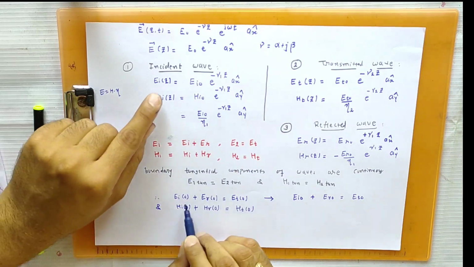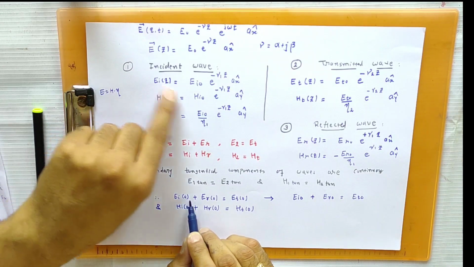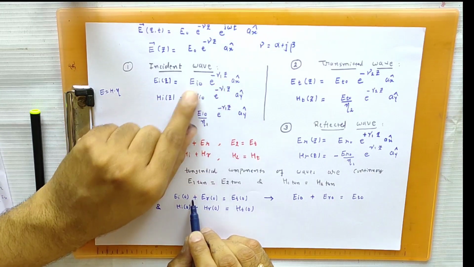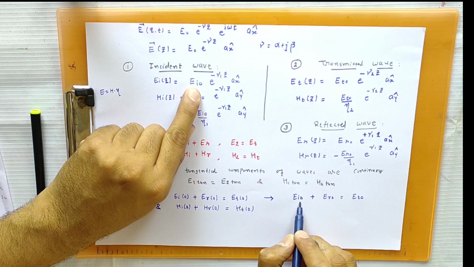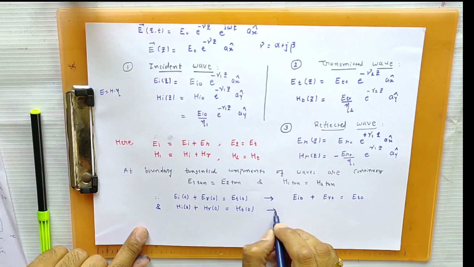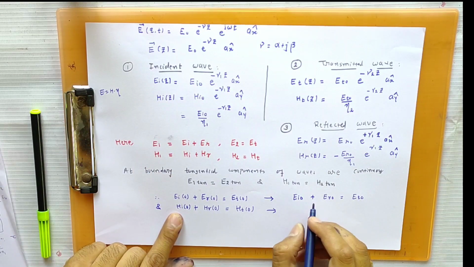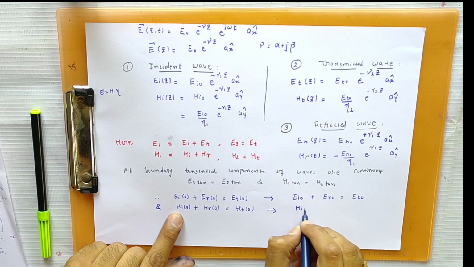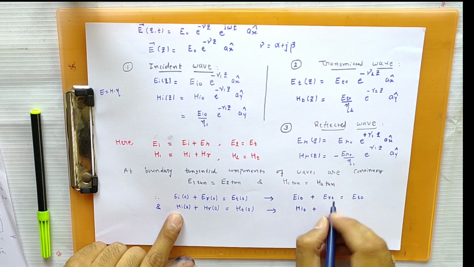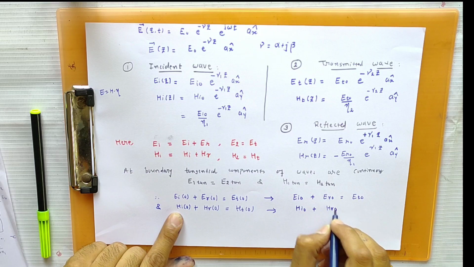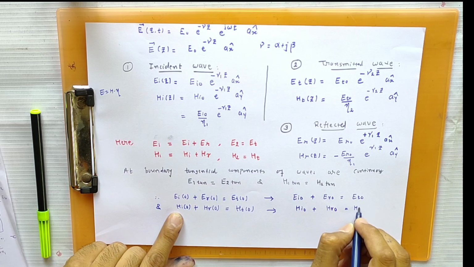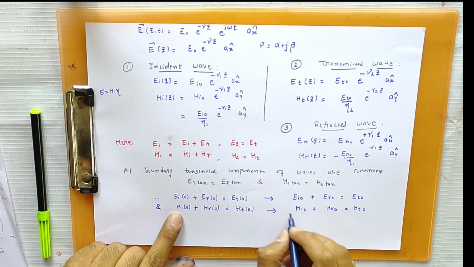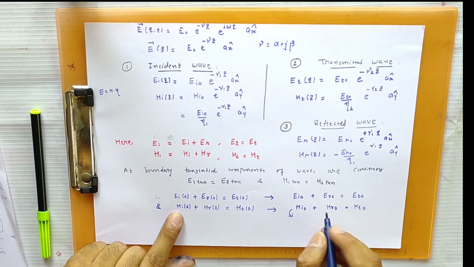If we put Z equal to 0, it is only EIO. You can write this also for H: HIO plus HRO is equal to HTO, but you can write this equation in this way also.